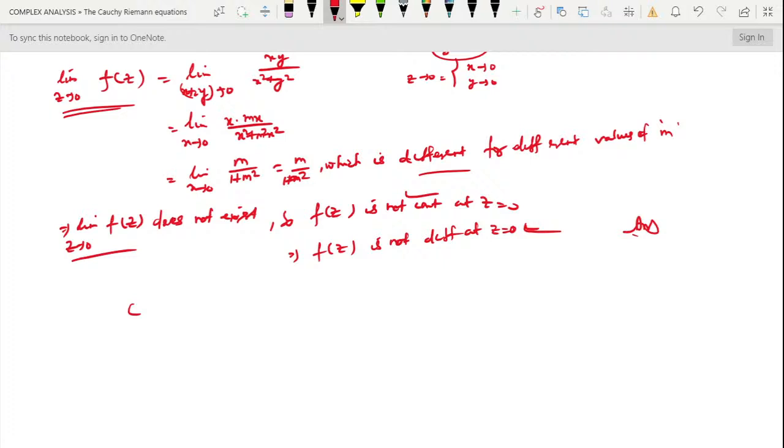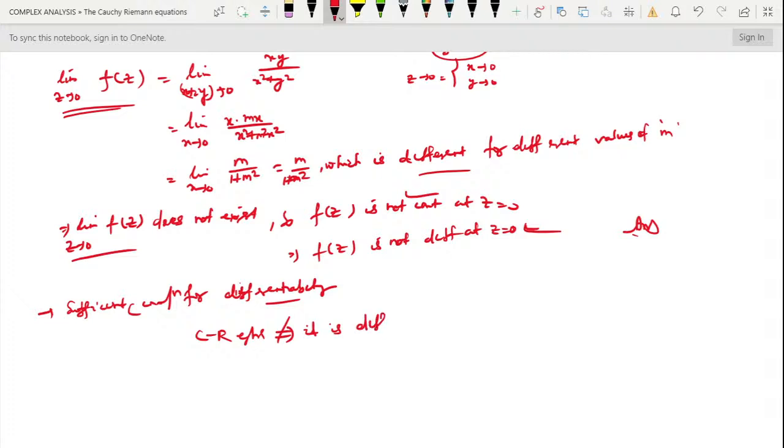So what is the sufficient condition for differentiability? Because we know already that if something is satisfying the C-R equations, it does not imply that it is differentiable.